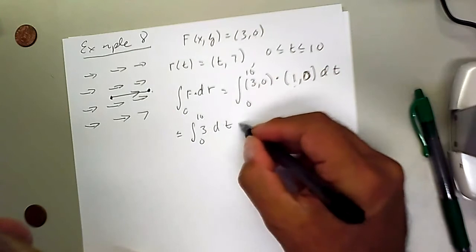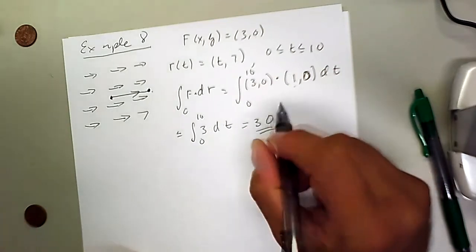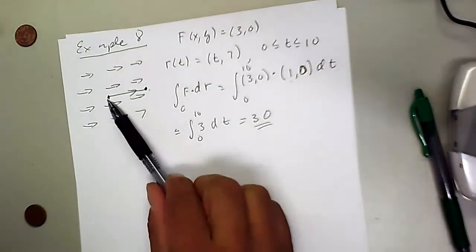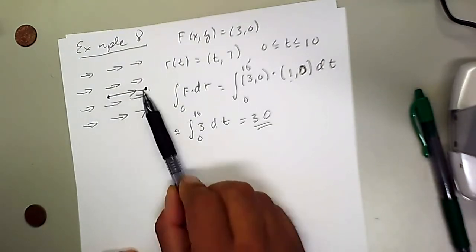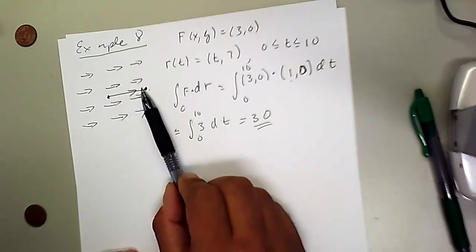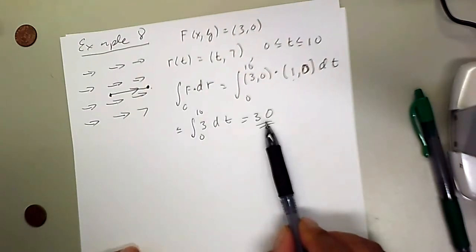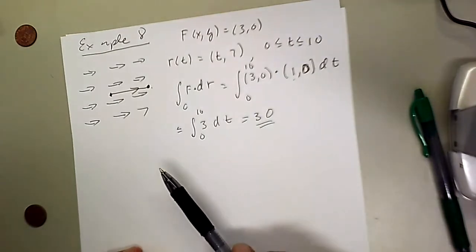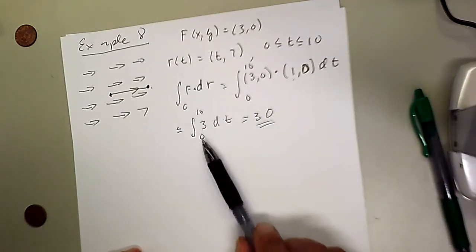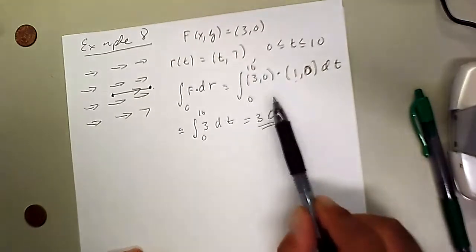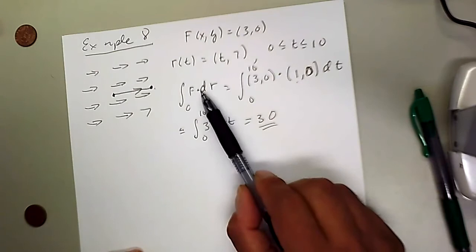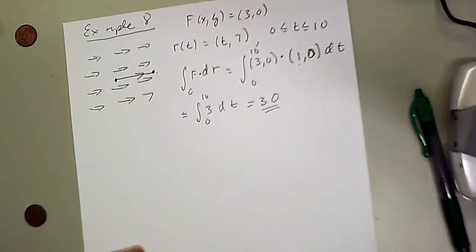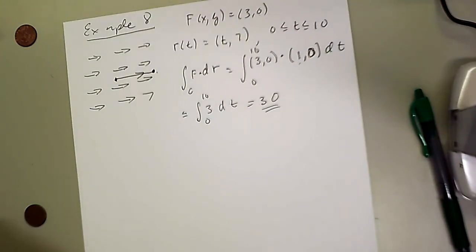And of course, that is going to be 30. That's important to know. So how fast the line is being drawn, as long as we start and end on the same spot, seems to be irrelevant to the work. If we think of this as the work, or the line integral of the force dotted with the path. Yeah, that is very, very interesting, I think.